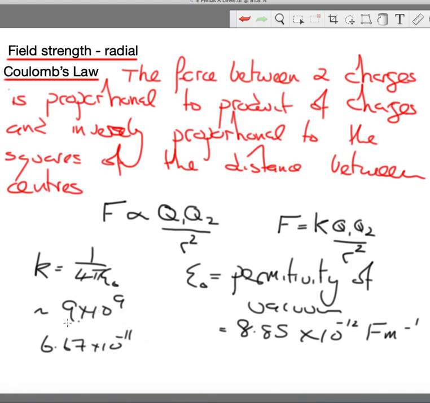So the force between two unit charges 1 meter apart and the force between two unit masses 1 meter apart are very, very different, in the order of 10 to the 20 times different. So there's one of your differences with electric and gravitational fields. Gravitational fields are very, very weak in comparison.